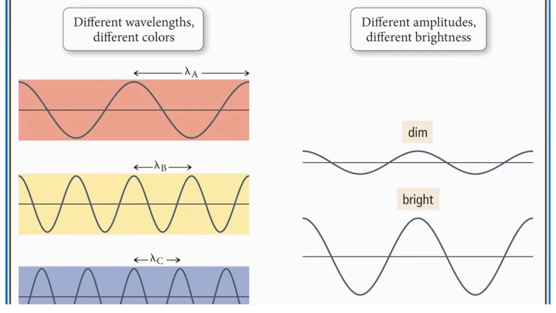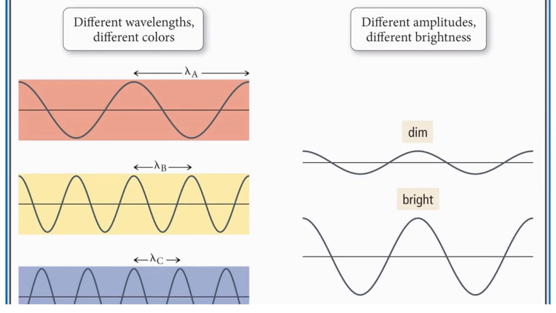Once again, let us compare wavelength and amplitude of a wave. Different wavelengths are related to different colors, whereas different amplitudes are related to different brightness. Here, wavelength is represented by the term lambda. If you look carefully, in the first wave lambda A, in the second wave lambda B, and in the third wave lambda C, these three different waves have different wavelengths.